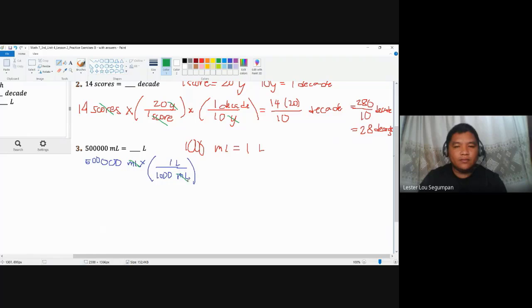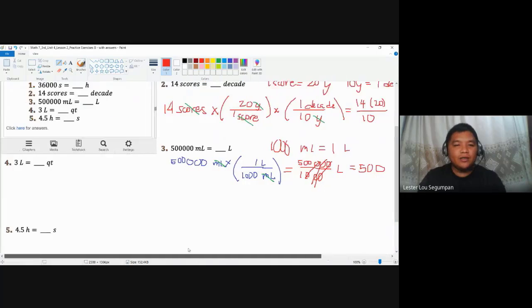Cancel that out. So we have 500,000 all over 1,000 liters. So just simply remove zeros, 1, 2, 3. So the answer here is for 500,000 milliliters, you will have 500 liters. We only used one conversion factor because we have a direct relationship for milliliters and liters.